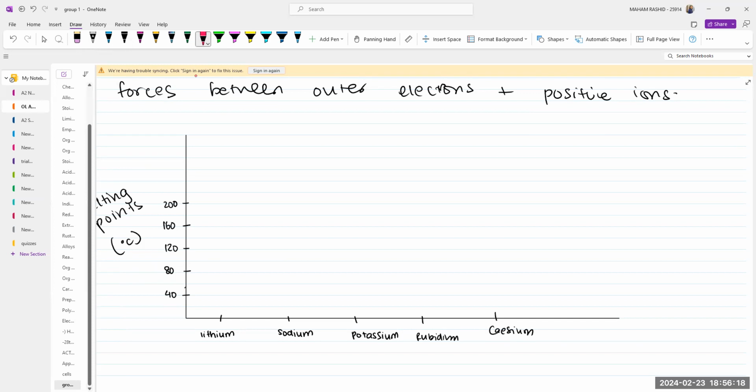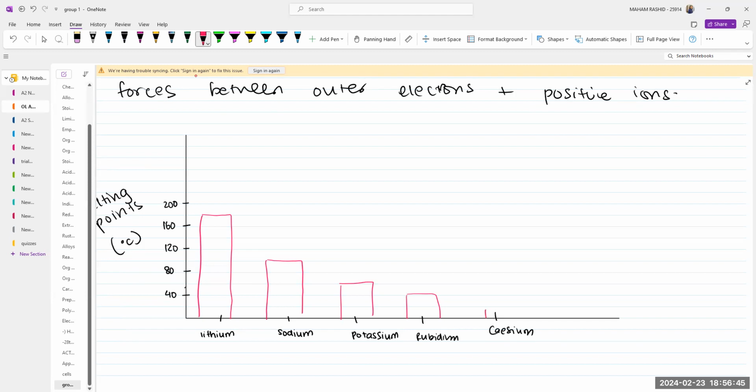So lithium comes at 180. Sodium comes at 100. Potassium comes at 60. Rubidium comes at 40. And cesium is somewhere between 40 and 20.